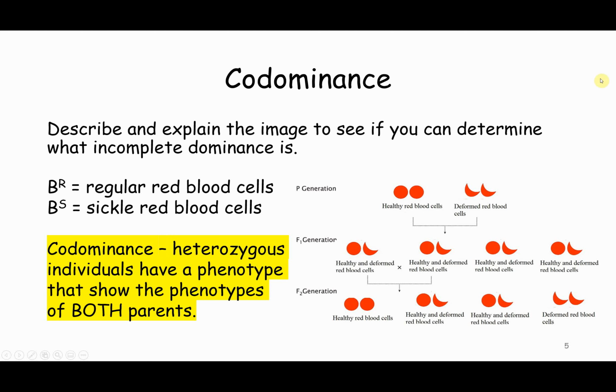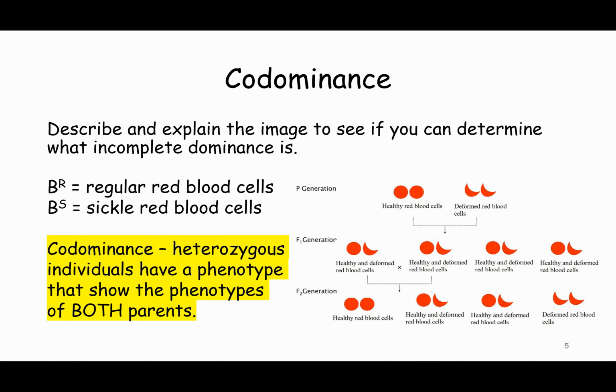And what's really interesting, and we'll see this in the population genetics, is what is the evolutionary advantage to having deformed blood cells? Sickle cell anemia is very high in African populations, and the reason why is it ties into malaria.